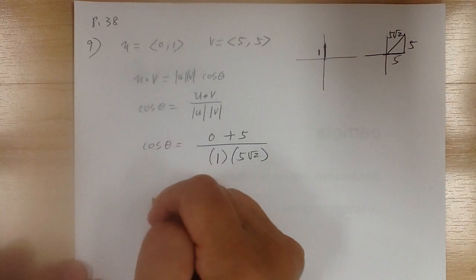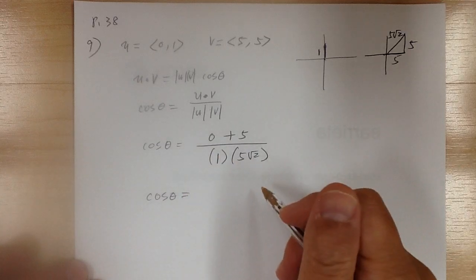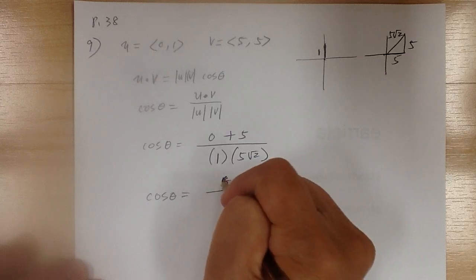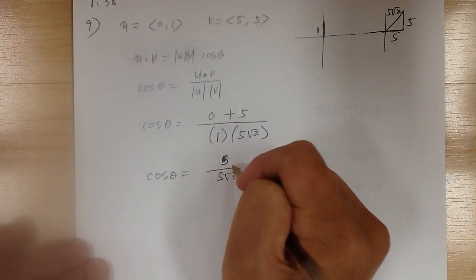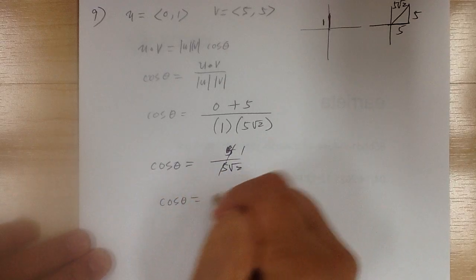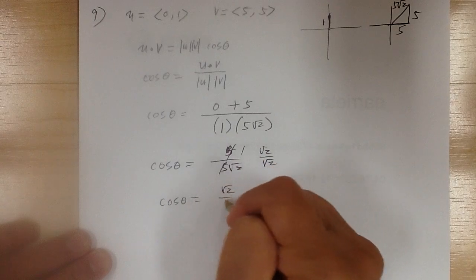Okay, so now you can get your calculator and work it out. You're going to get 5 over 5 square root of 2, and it can cancel out. If you simplify, you get cosine theta equal to square root of 2 over 2.